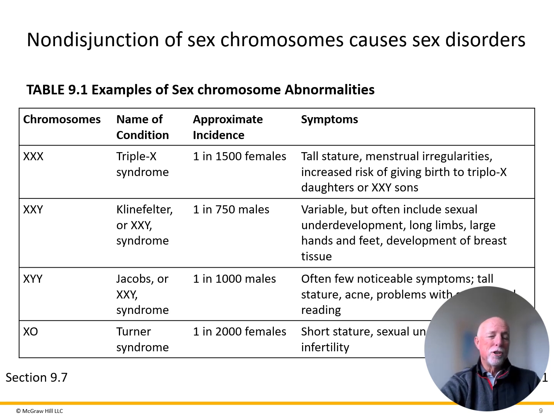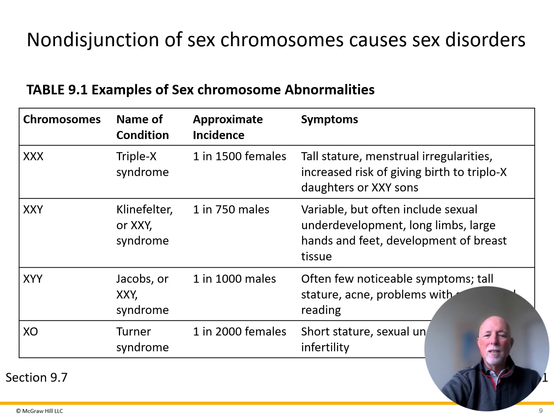There is also some non-disjunction that occurs among sex cells, the X chromosome and the Y chromosome, where they simply fail to separate during anaphase. Instead, both sex chromosomes go to one of the daughter cells, and we end up with aneuploid conditions in sex chromosomes. Here's the triple X chromosome.